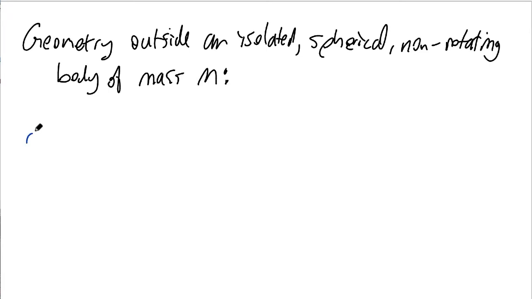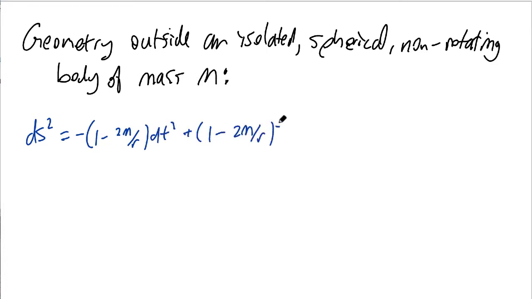Written as a line element, it's ds² = −(1 − 2m/r) dt² + (1 − 2m/r)⁻¹ dr² + r² dθ² + r² sin²θ dφ².